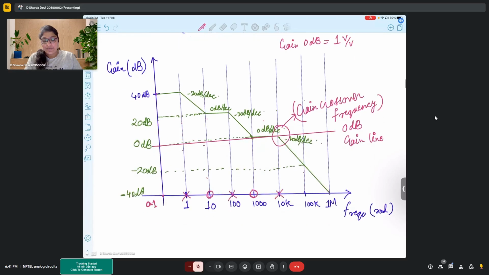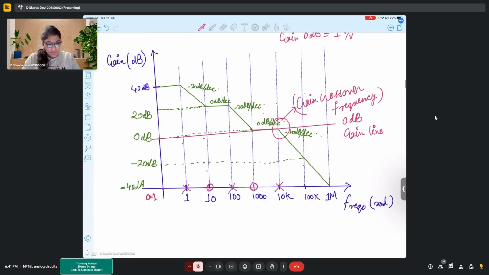We keep this frequency in mind, as directly or indirectly, it relates to the stability of the system. So you can also keep this term in mind. This is called gain crossover frequency.